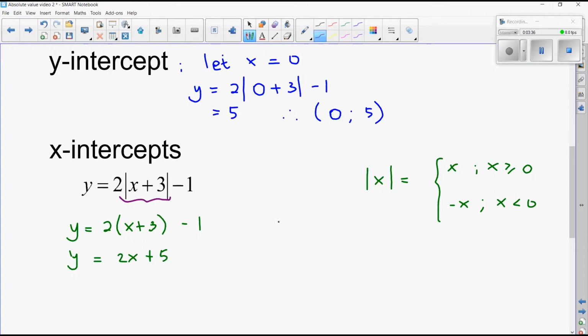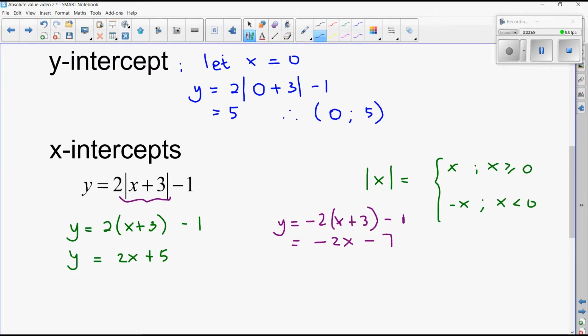So I'm going to write it as y equals minus 2 times (x plus 3), or you could have said minus x minus 3, minus 1. Be careful with the signs. So this is going to give me minus 2x minus 7. These are the two arms of the graph that's going to be formed.